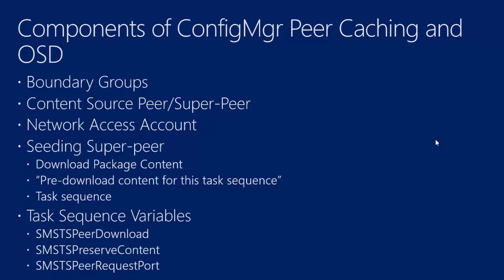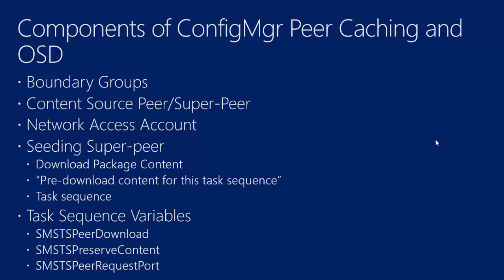So basically, the download package content step is used to define content that should be downloaded as part of, or even before, in some cases, the task sequence begins. So this step alone could be used to seed a super peer to enable it to provide content to imaging systems.